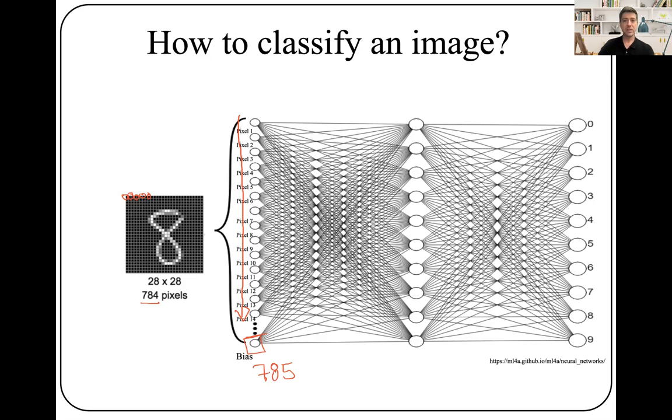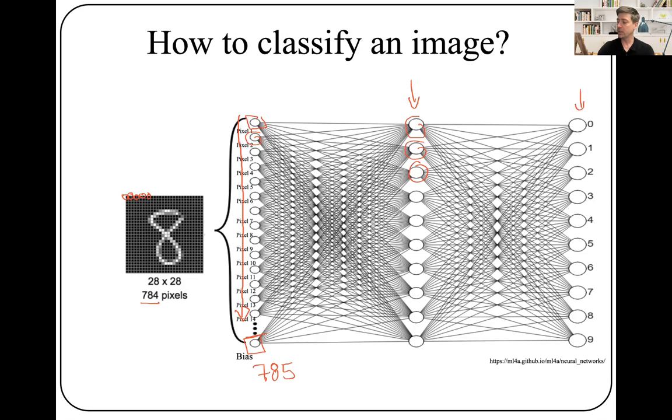And then we're simply going to compute the output the exact same way as we have done before. So by connecting every neuron on the input layer with every neuron on the second layer, which is our hidden layer, and then every neuron of this layer to the output layer.